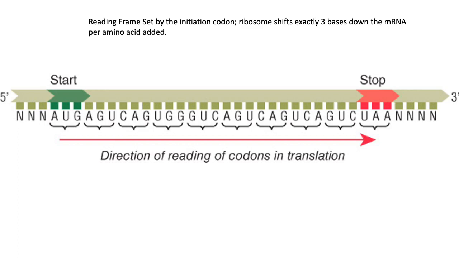Good. Now, in this diagram, the bases 5' of the start codon are labeled NNN because we really don't care what they are because they're in the 5' UTR. Their purpose is not what we're going to be discussing today. It does have a purpose, but not what we're discussing today. The same is true with the bases after the stop codon. Those ends there because those are the 3' UTR.